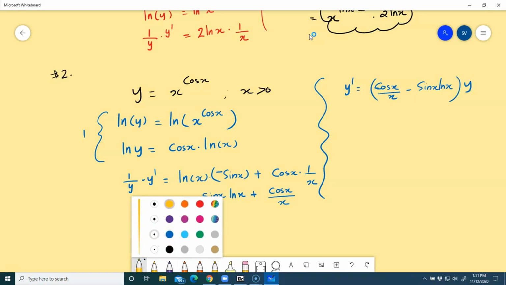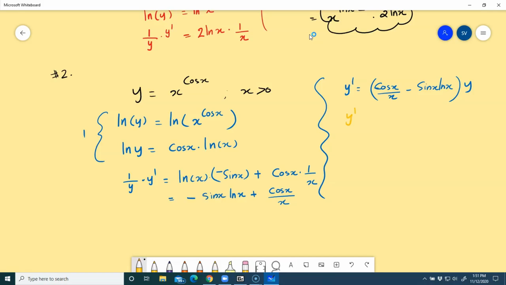So the answer is y dash equal to, what is y? X to the power cos x. So y dash equals x to the power cos x times cos x by x minus sin x ln x. This is the answer.